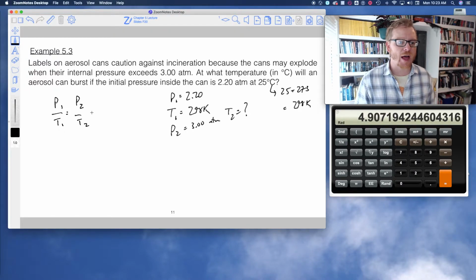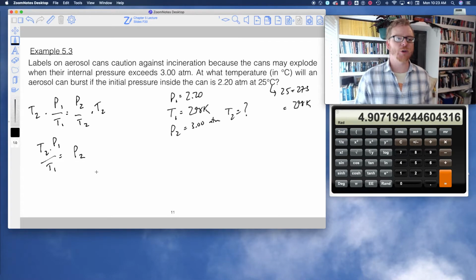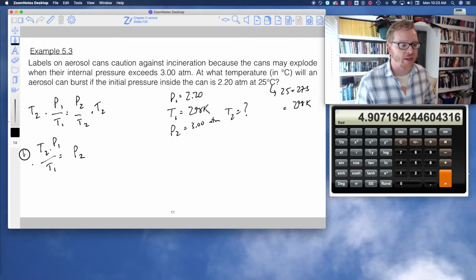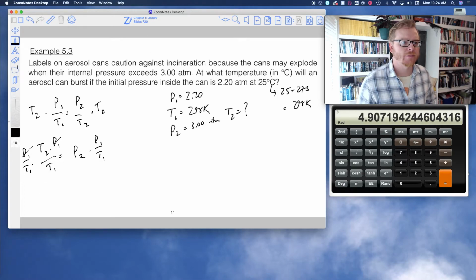So I'm going to multiply both sides by T2, okay? And that gives me T2 times P1 over T1 equals P2. Excuse me.